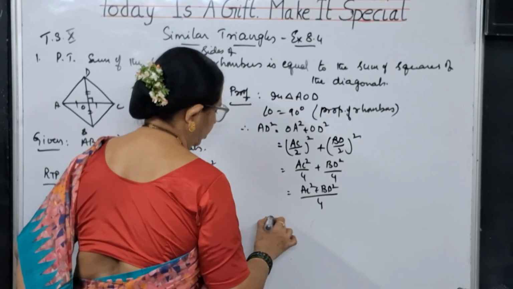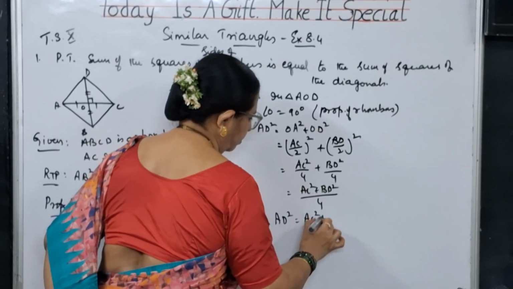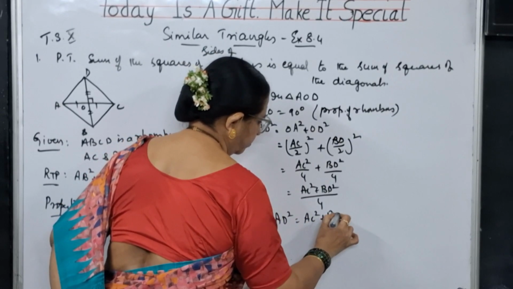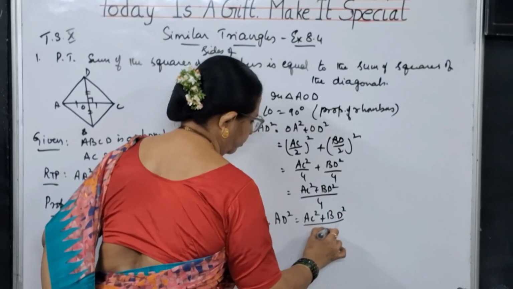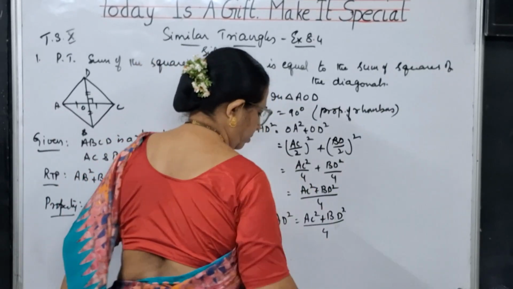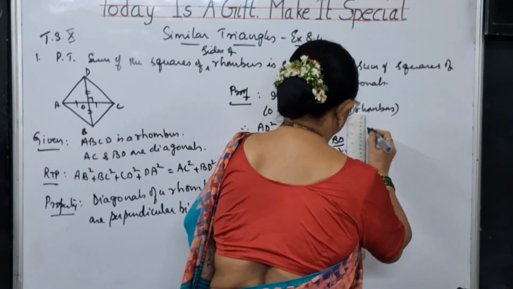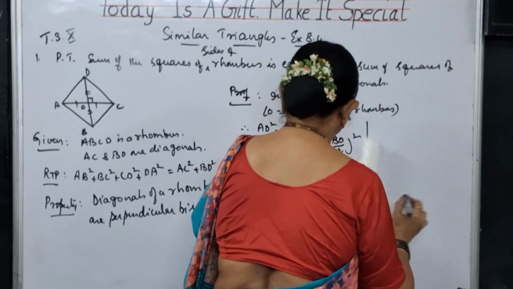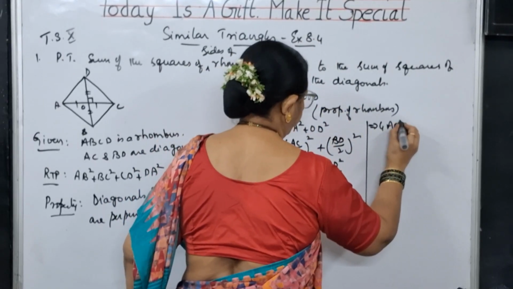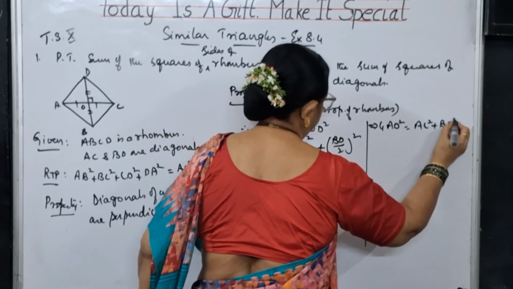That means what are we getting? AD square is equal to AC square plus BD square by 4. What does this imply? This implies 4 times of AD square is equal to AC square plus BD square.